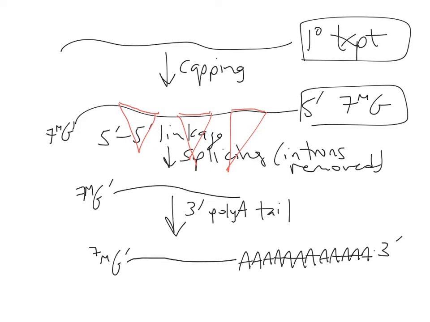And that is what we call a messenger RNA molecule. After it's been capped, spliced, and tailed, that's messenger RNA. It's also a mature transcript. It means the same thing. A messenger RNA molecule is a molecule that's been fully processed, all 3 steps: capped, spliced, and tailed.